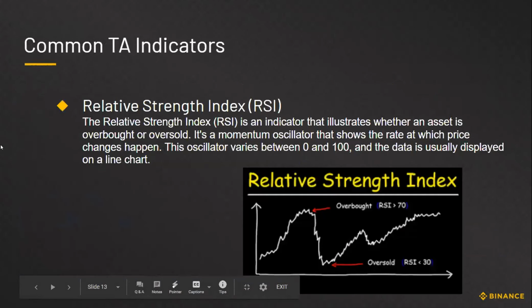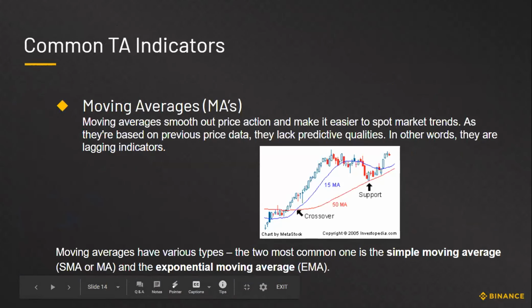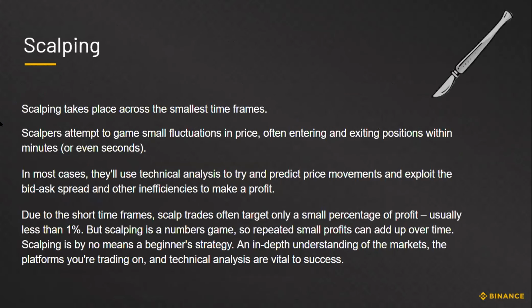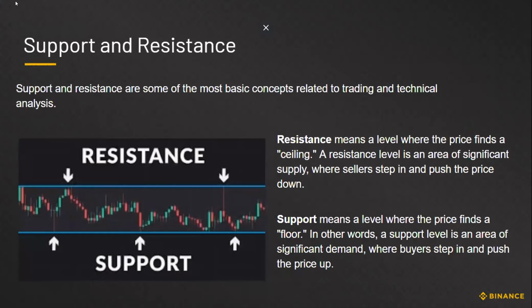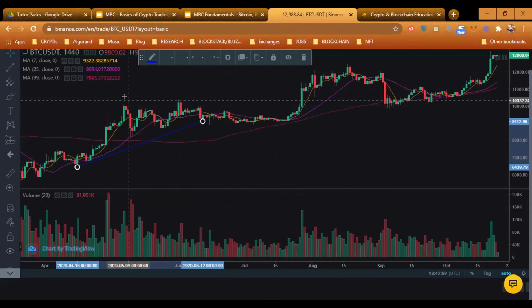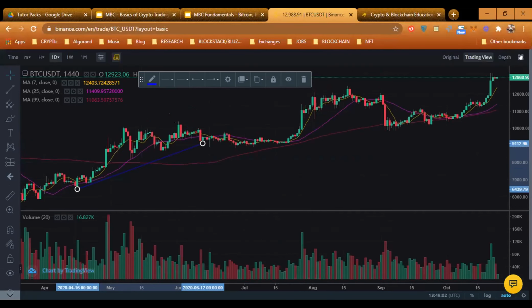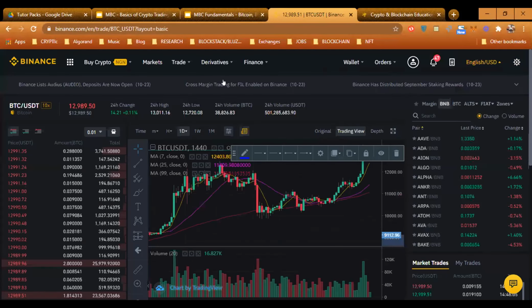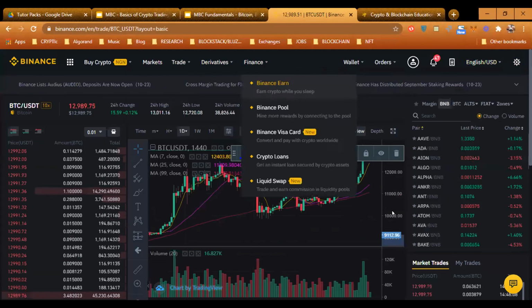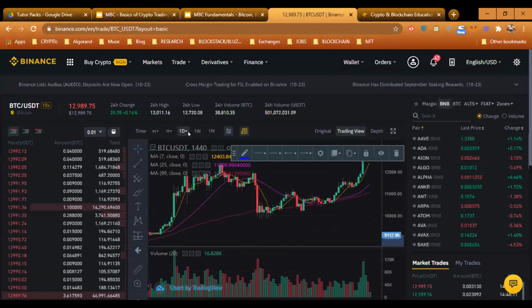Let me show you how to use support and resistance. Okay, so let's use a different timeframe. We're using 1 day. Let's use 1 hour, 2 hours.